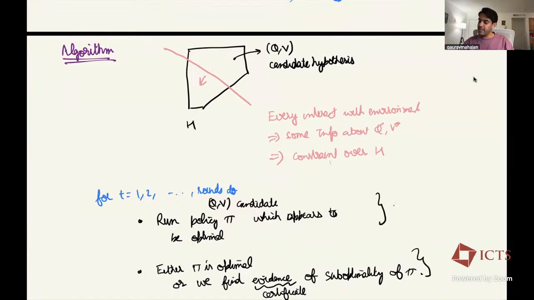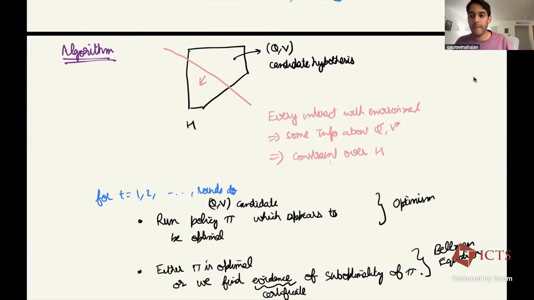Okay, and this is basically what optimism is. And this is Bellman equations, or Bellman consistency. So Bellman equations are going to provide us with a certificate that the policy you're looking at is not optimal. And we'll figure out how to turn that certificate into decreasing the set of all spaces, the set of all QV functions.